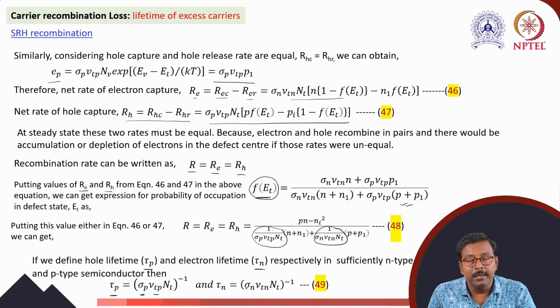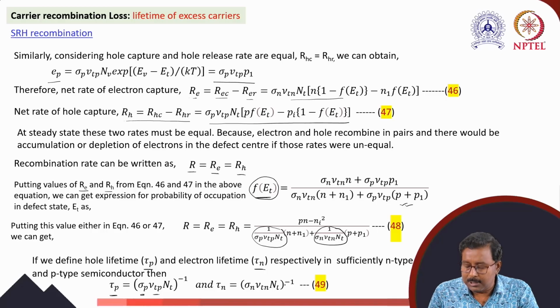Capture cross section, I am again repeating, is an area around the carrier within which opposite carriers come and they recombine. This is the physical significance. If you multiply with the thermal velocity, because electrons are always in movement, that gives you a volume per second, and if opposite carriers come within that volume, they will be recombined.